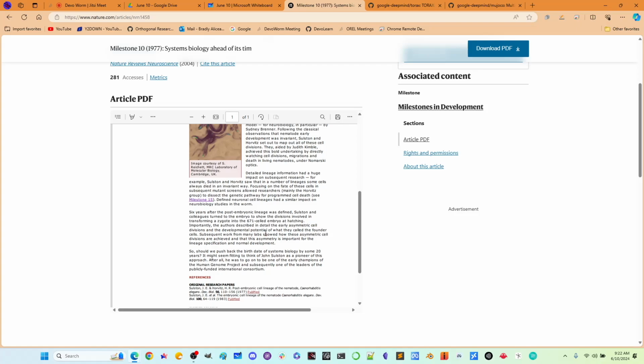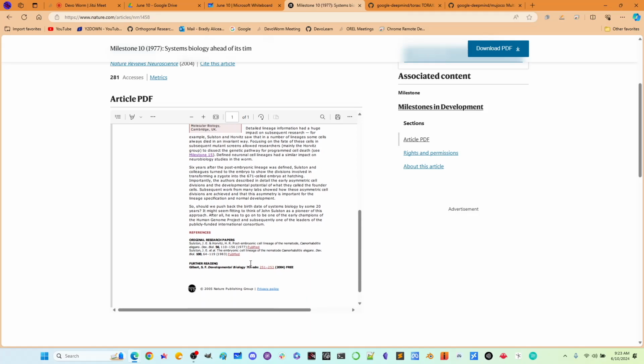So you gain about 300 cells in the post-embryonic phases of development, in the larval developmental stages. And so this is where you get this hatching, post-hatching cell division and differentiation. And so they worked out the tree here as well. And so this is kind of celebrating this work.